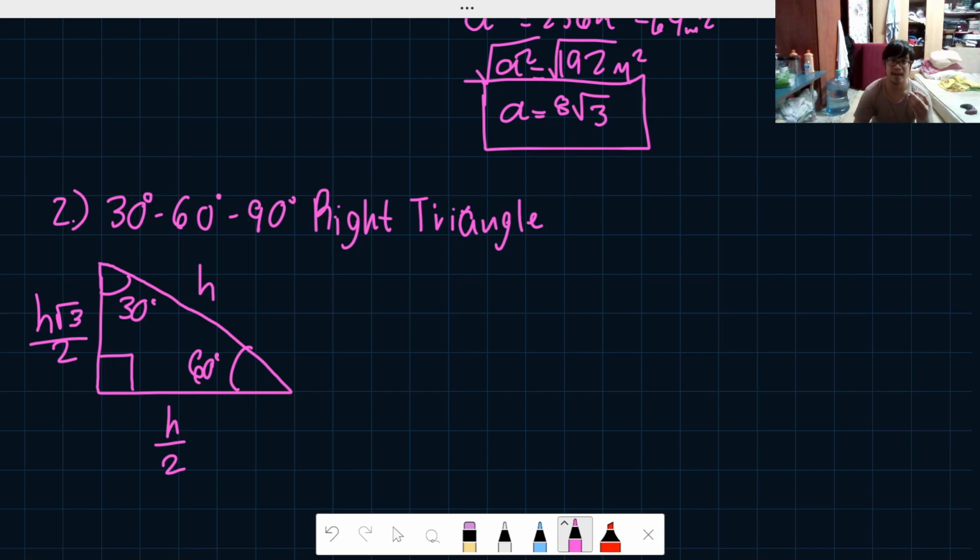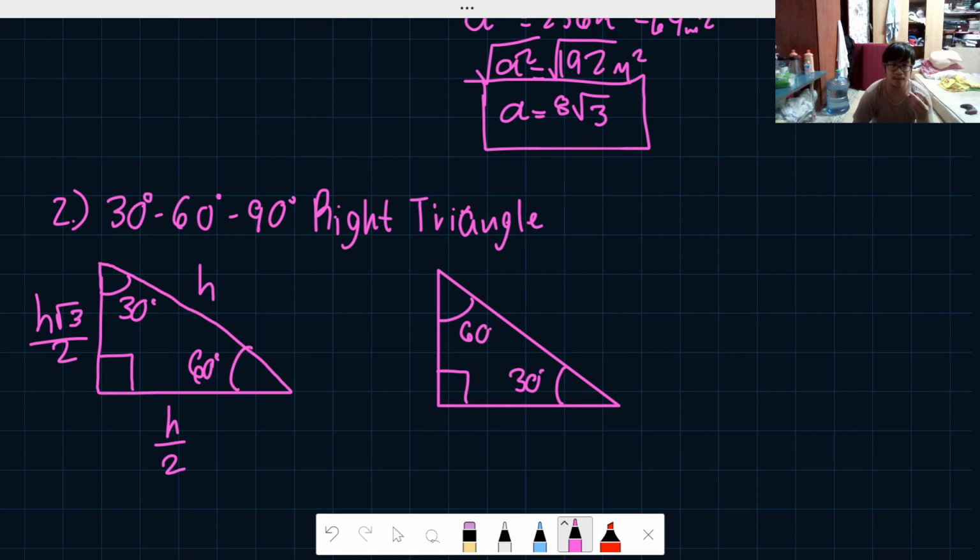It's the same if 60 degrees is on top and 30 degrees is below.